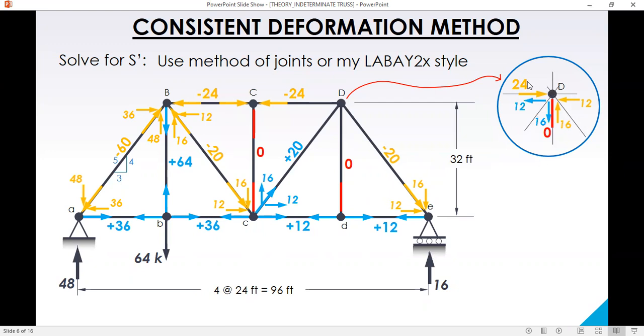So, if we check horizontal forces, 12 to the right, 24 left, 12 left, 12 and 12, 24, 0. 16 downward, 16 upward, 0. So, these are the values of S prime.